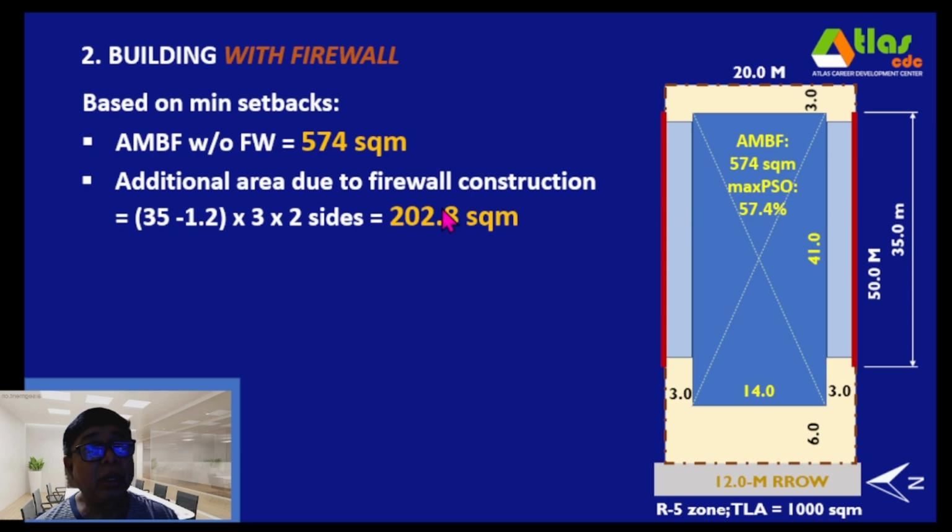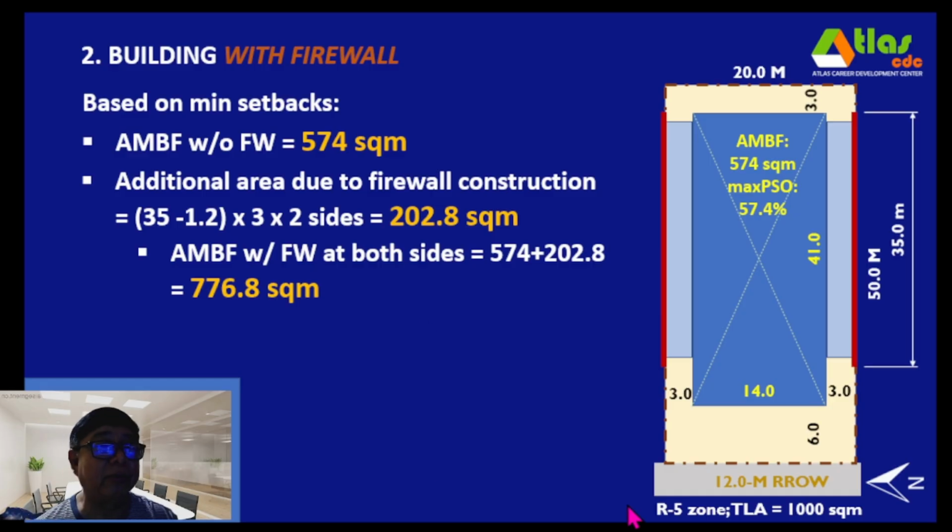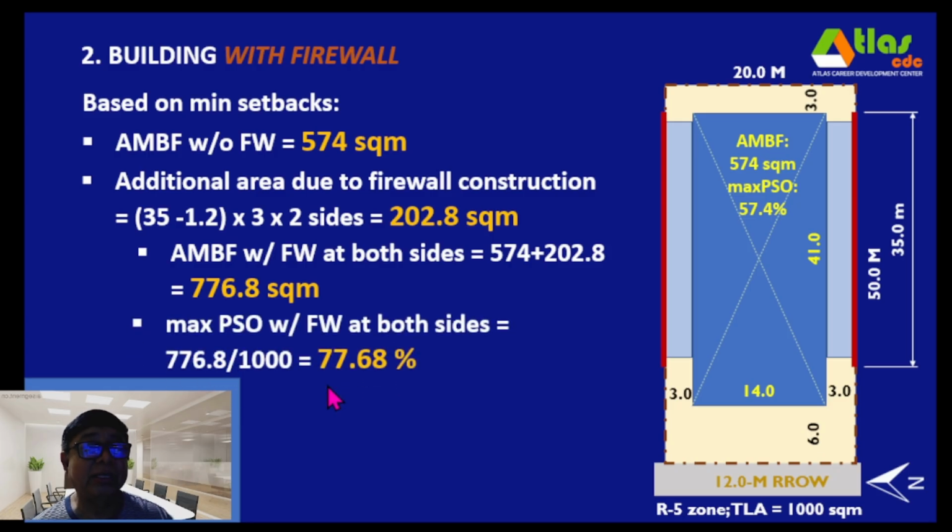That will give you a total additional area of 202.8 square meters. So which means our total AMBF with firewall at both sides will be this one, 574, plus this additional of 202.8 will give you a total of 776.8 square meters. In percentage, our maximum PSO will be at 77.68%.